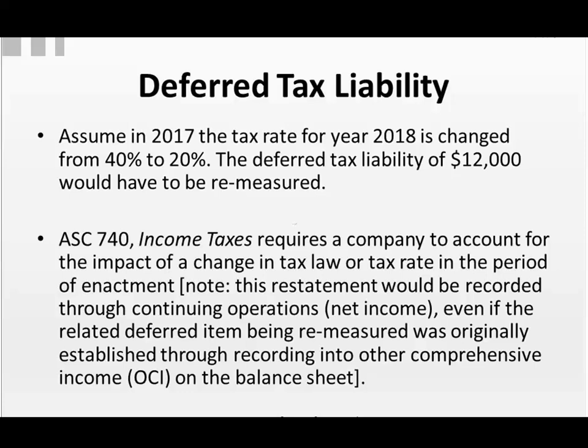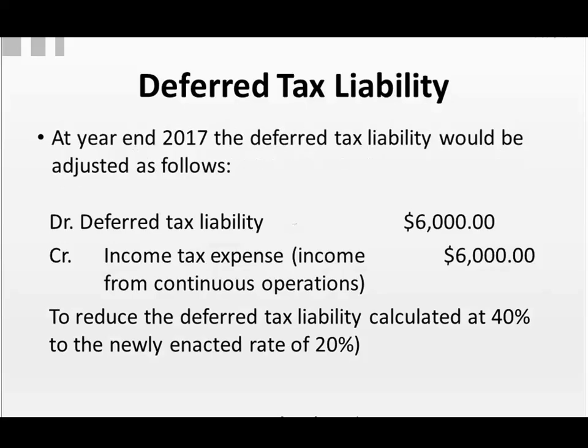So, in this example where we say assume the tax rate went from 40% down to 20%, we're going to have a windfall. So in effect, you'd have to make a journal entry that looks like what you see staring you in the face in your slide 45. Reduce the deferred tax liability from 12 down to 6. So I'd have to debit deferred tax liability for 6 and credit income tax expense for $6,000. And that's income tax expense, continuing operations. And that, of course, would remeasure.